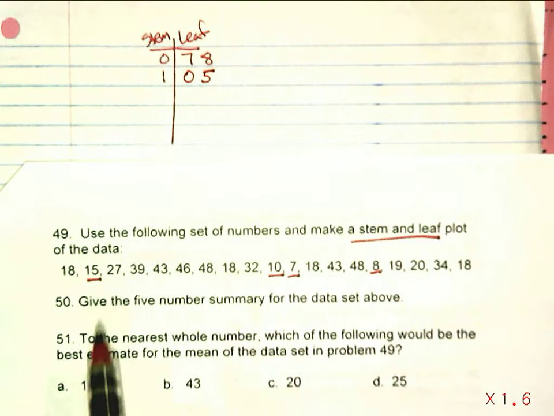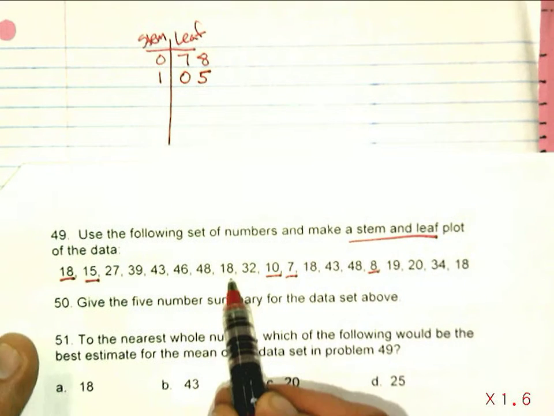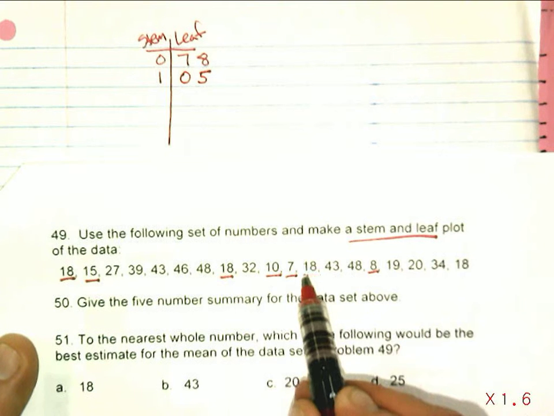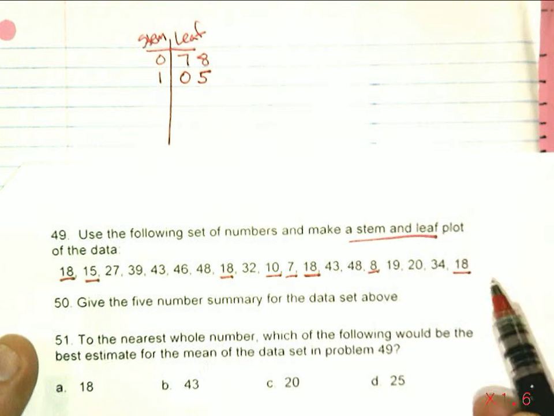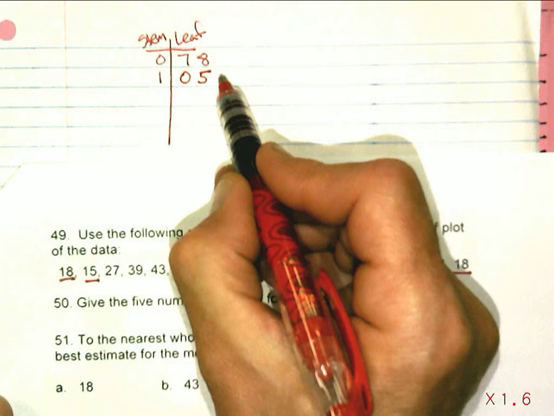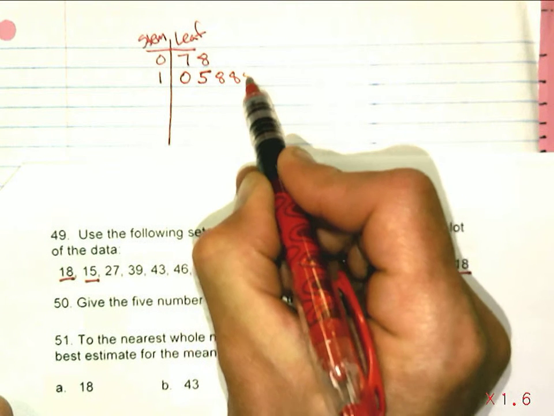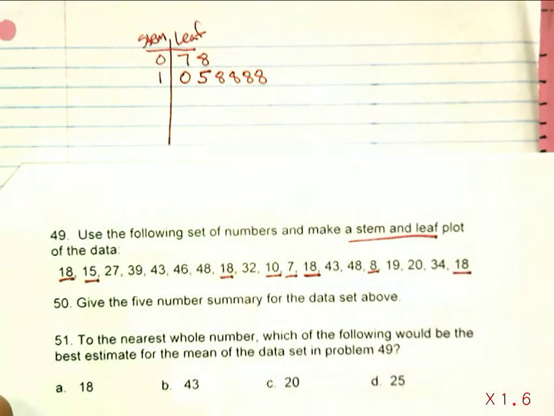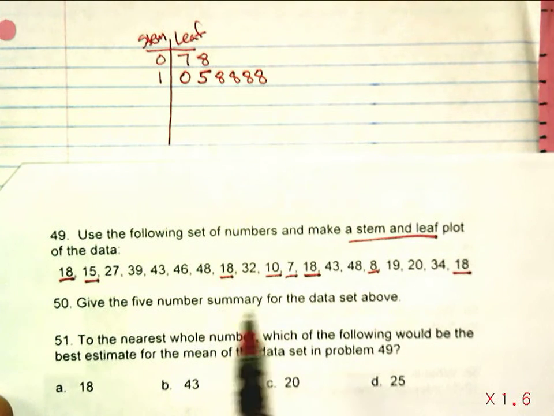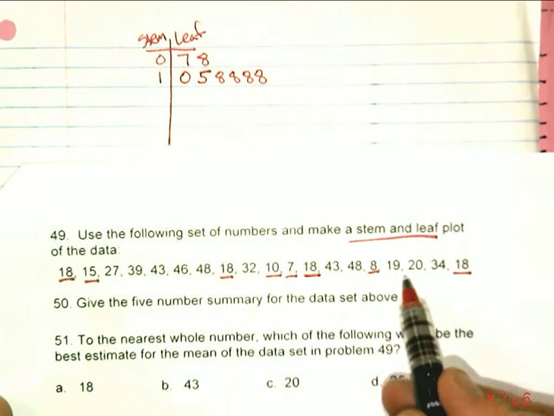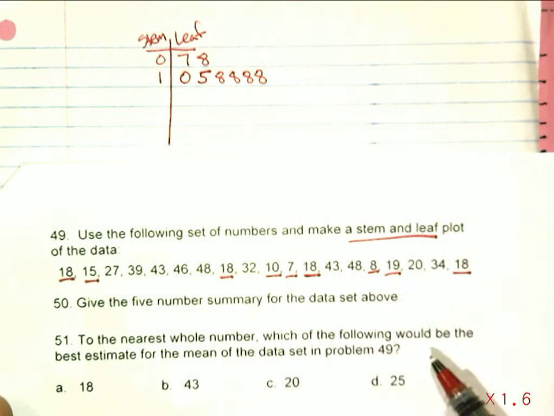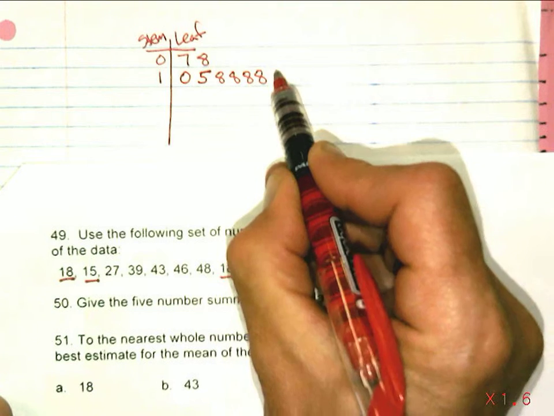Then I have 1, 2, 3, 4 18s. Each of those 18s will be listed as an 8. 1, 2, 3, 4 8s. And then I have a 19, and that will be listed as a 9.